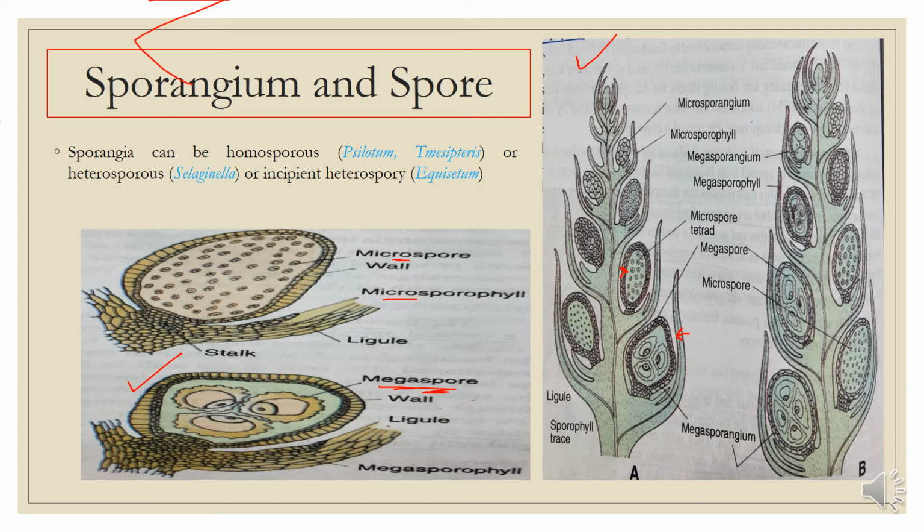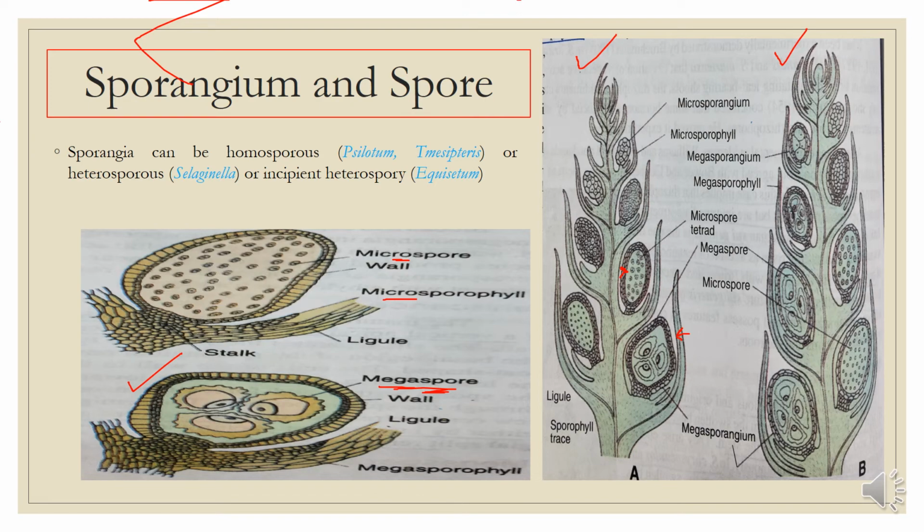So we see that these two types of strobilus contain both the megasporangium and the microsporangium. So there can also be strobilus that contain entirely microspores or entirely megaspores, but mixed types of sporangia are also found.